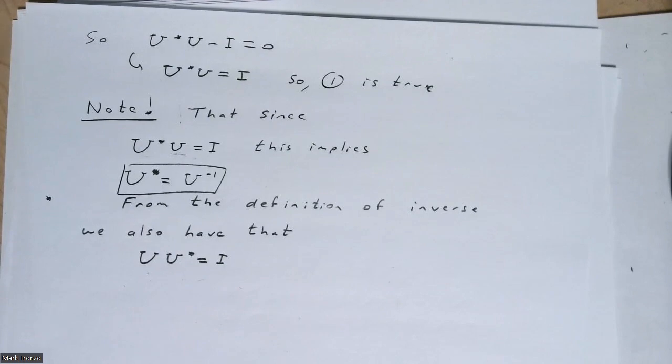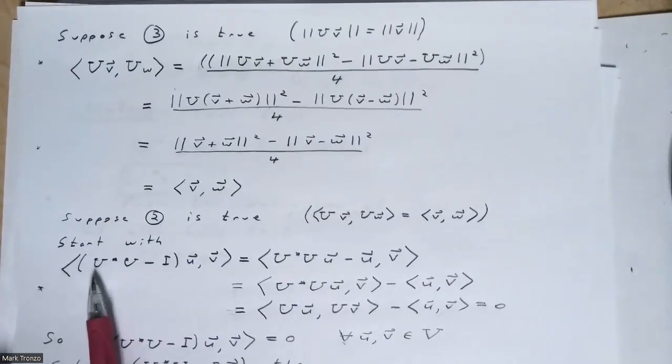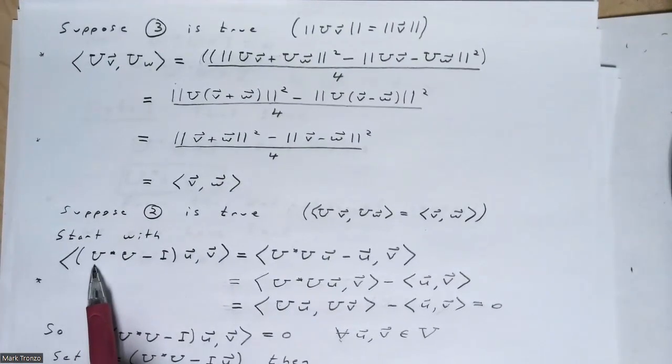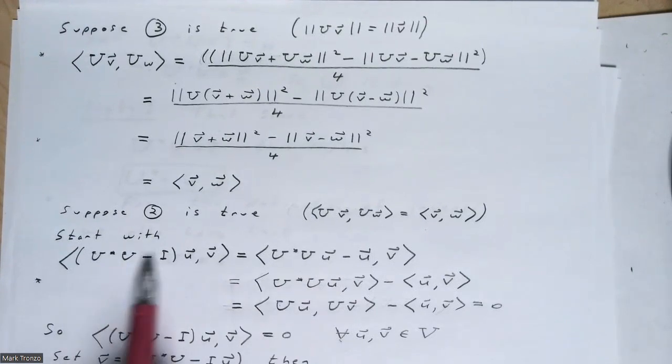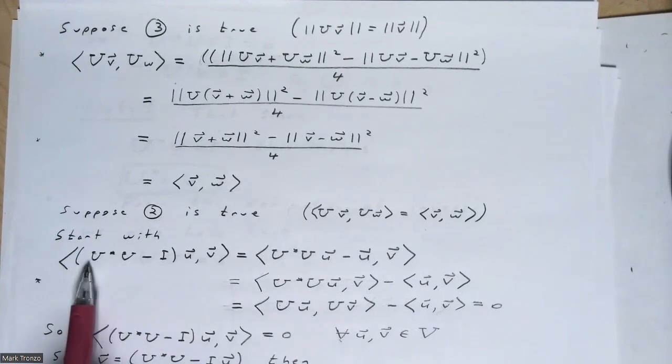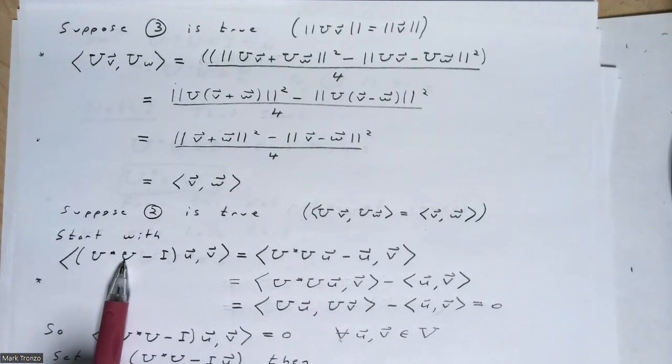Now, you could have also gotten that another way. When you did this proof that we just did, you could have started with u and the adjoint of u here. It'd be one of these combinations. I think it'd be u adjoint u minus I and go through the same steps.